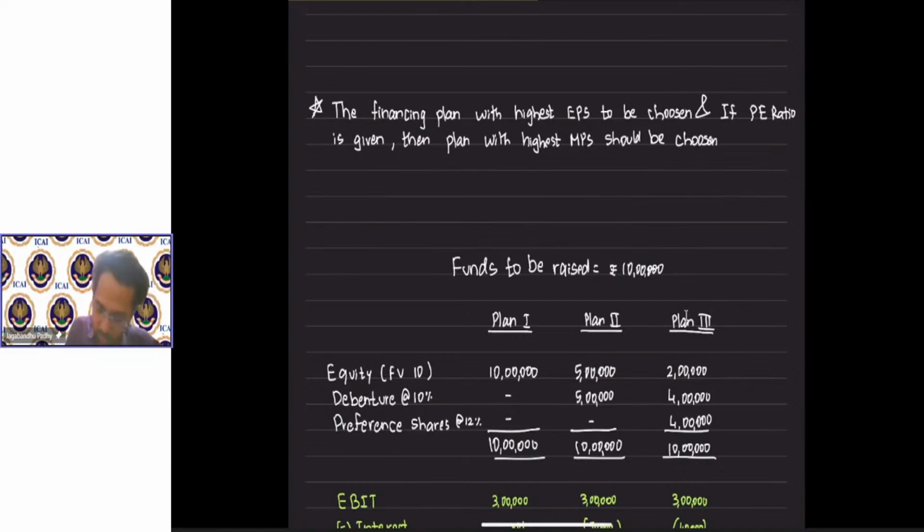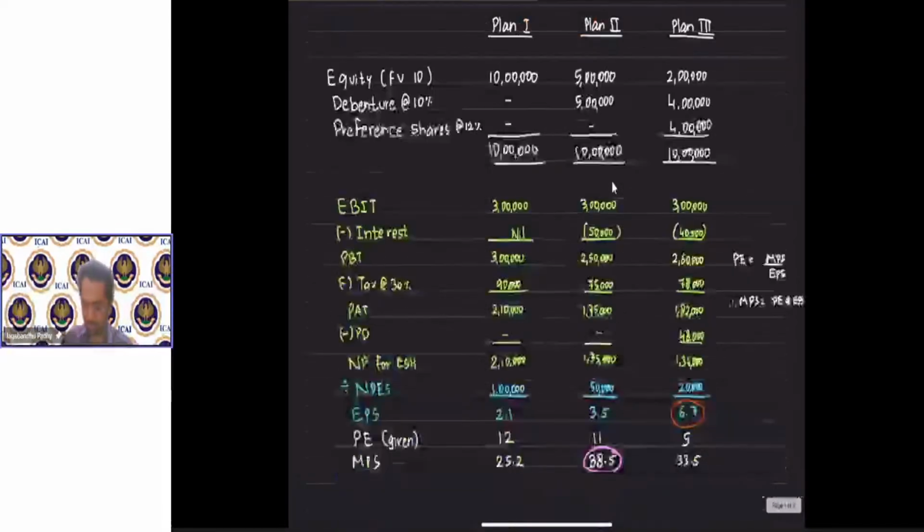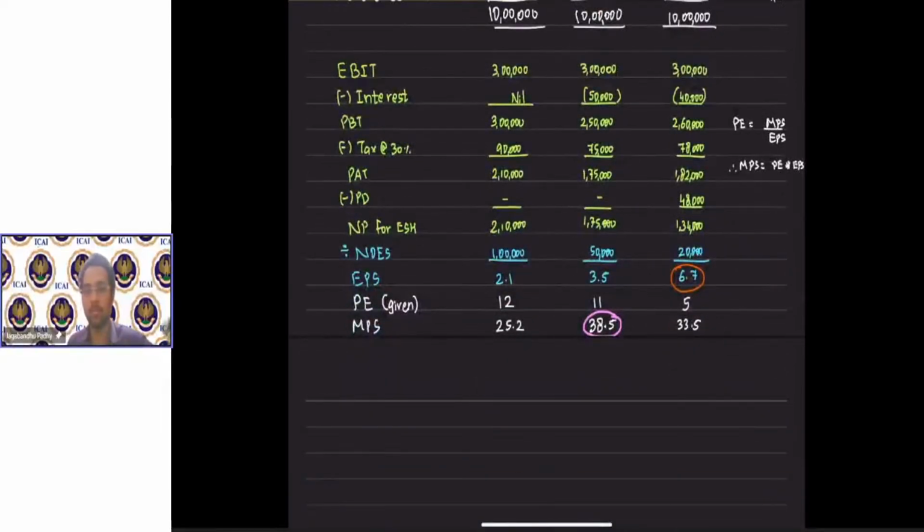Right? So the whole point is highest EPS criteria or highest MPS criteria. Now, we look at highest MPS, of course, when the PE ratio numbers are given to us. Okay, so this is the rule of thumb that we're going to follow while selecting the financing plans.